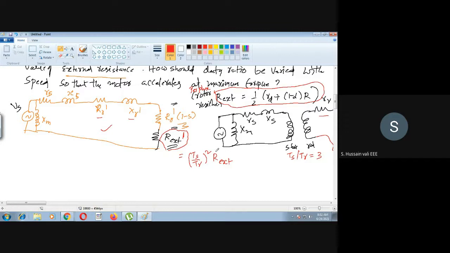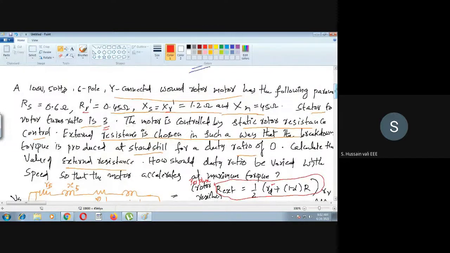Now from this we'll go ahead. RD value we discussed last class, it is the resistance of the inductor. He has not given that value in the problem, so we will take RD as 0 because he has not mentioned anything regarding the resistance of the inductor.